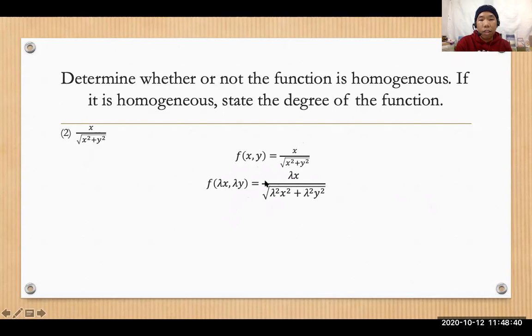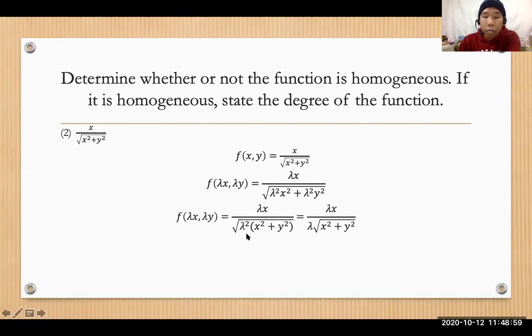Here in your denominator, you have x squared, which is lambda squared times x squared, plus for your second term, lambda squared y squared. As you can see in your denominator, you can factor out lambda squared, right? So you have lambda squared times the quantity x squared plus y squared.